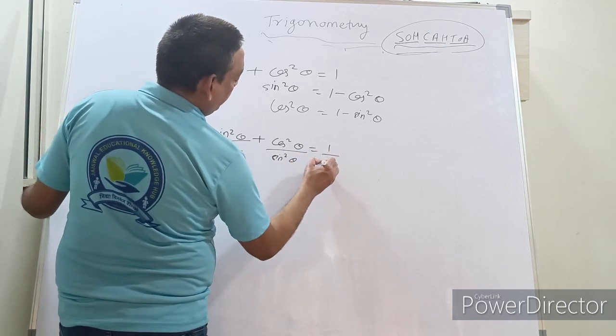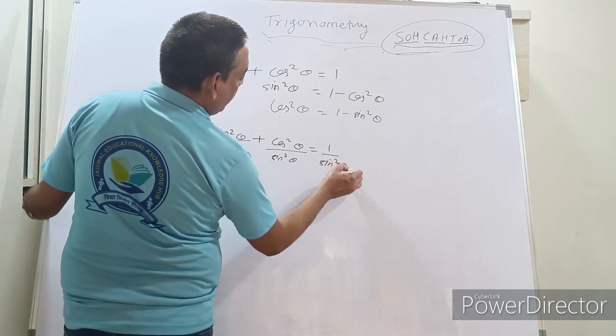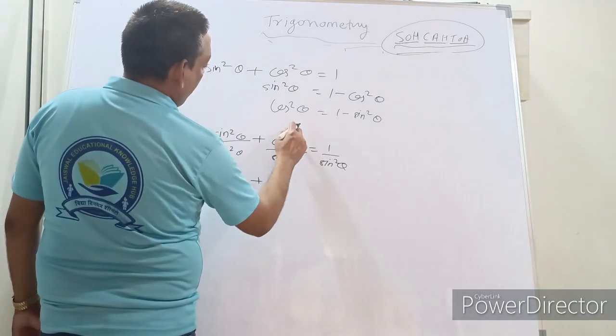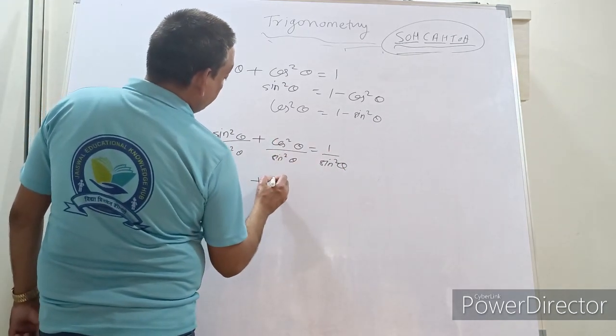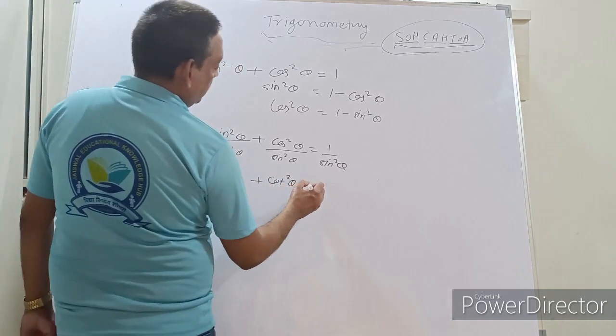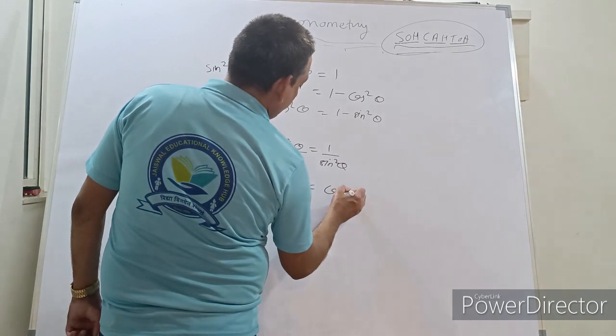Sine upon sine gives you 1, plus cos upon sine gives you cot, so 1 plus cot square theta is equal to cosec square theta.